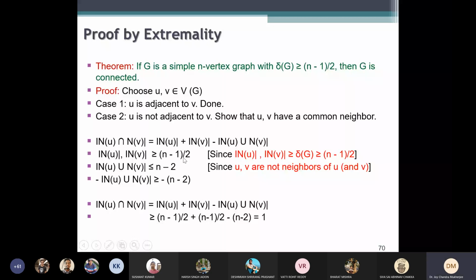Now what is N(u) union N(v)? If I take N(u) union N(v), and u is not adjacent to v, that means it must be less than or equal to n minus 2.